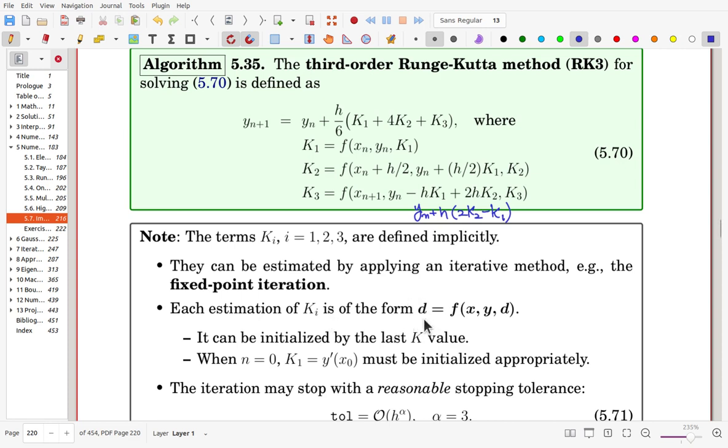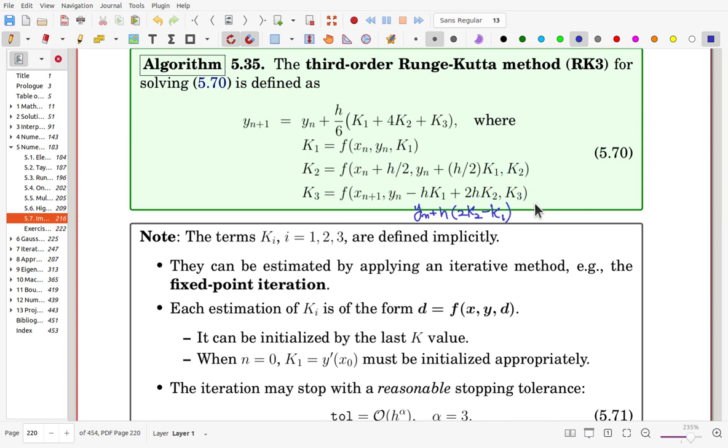So the derivative value, in a sense, is the fixed point, and it can be initialized by using the last k value. At each time level you will get k1, k2, k3, and then at the next time level again k1, k2, k3. So for k2, k1 can be used for initialization, and for k3 you may use k2 for the initial value.